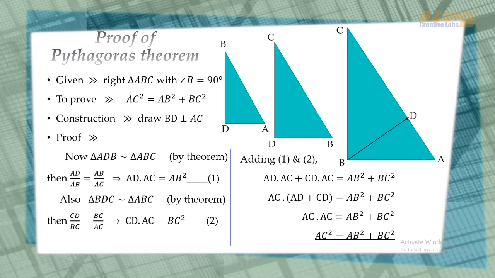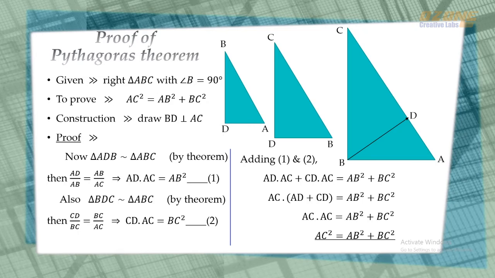Now we will add both 1 and 2. So from 1 and 2, AD into AC plus CD into AC will give AB square plus BC square. Now on the left hand side, we know that AC is common.